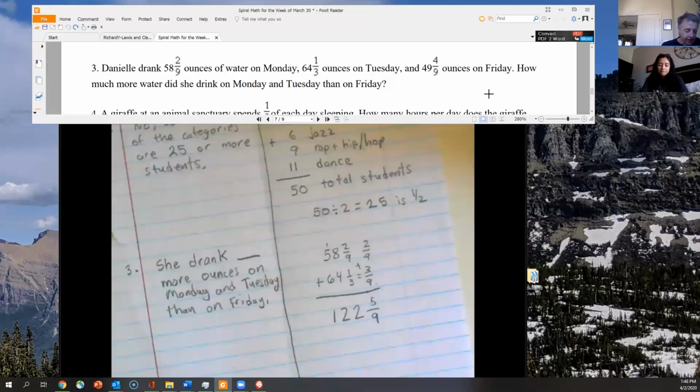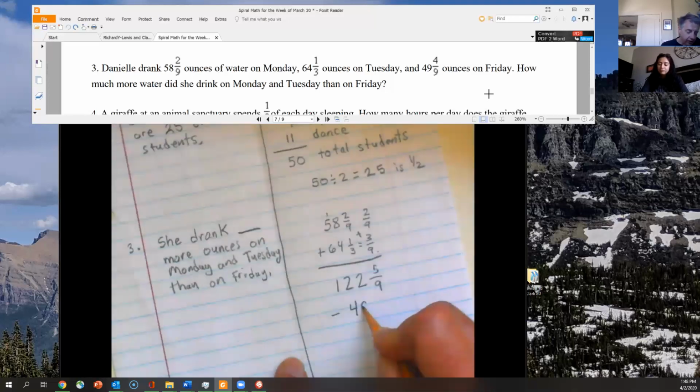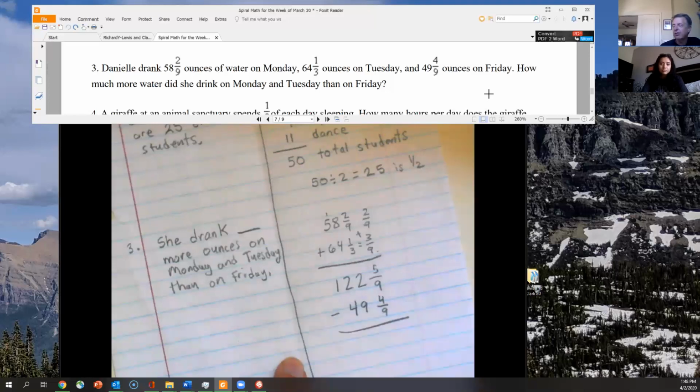Now I can take that and I'm going to go ahead and subtract my 49 and 4/9 ounces of water. And I got that number because that's the ounces of water. Oh, jet overhead right now. So 49 and 4/9 ounces of water on Friday is what you drank. So I'm going to go ahead and subtract. 5 minus 4 is 1, 1/9.